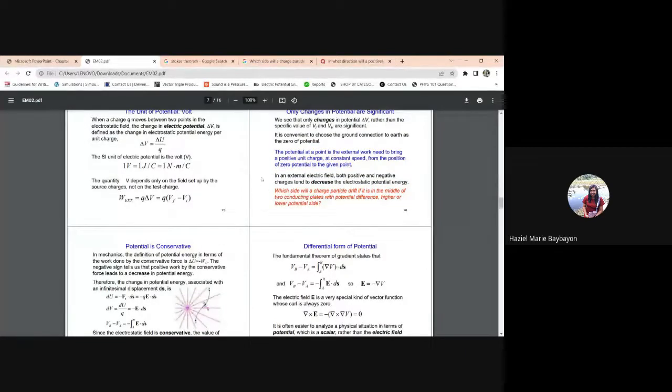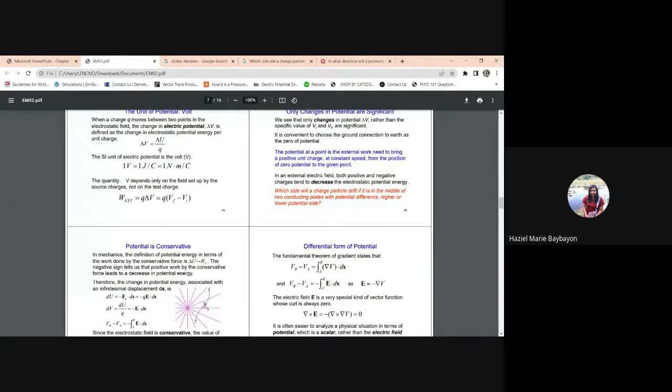Now, if you release a charged particle here, a positively charged particle, then it will automatically drift into the direction of the electric field. So if the electric field is toward here, then it moves toward the side with lower potential.